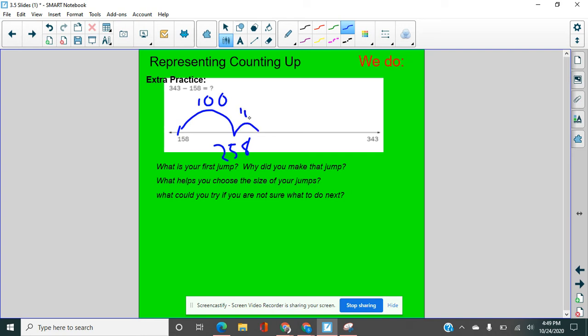So 10, I'm going to have to label these down here, would be 268. 10 more would be 278. 10 more. Now, could I do more than 10? Let's do that. Let's do a jump of 20. So two more groups of 10. Now I'm at 298.